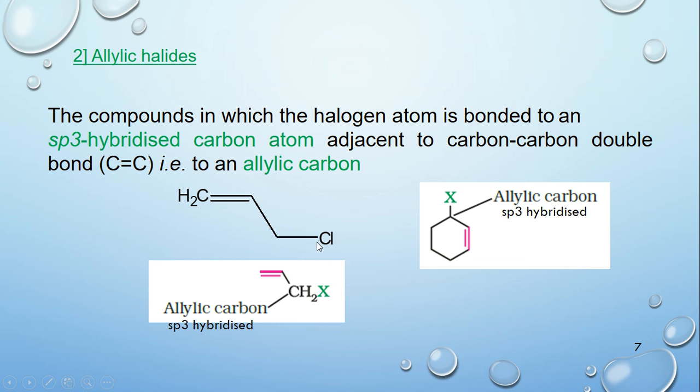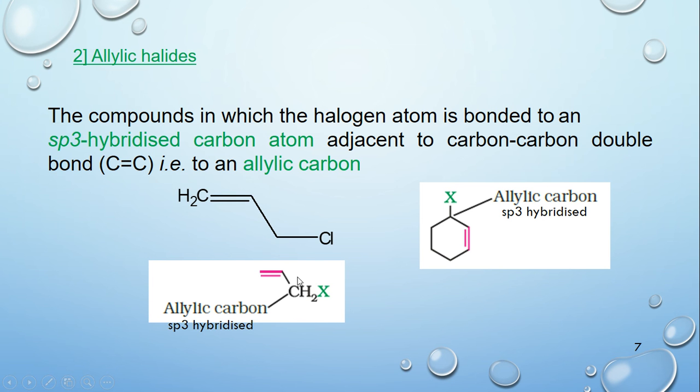This halogen atom is bonded to the carbon atom. This carbon atom CH2 is sp3 hybridized, and it is bonded to the carbon atom which has a double bond. This structure contains an allylic bond.